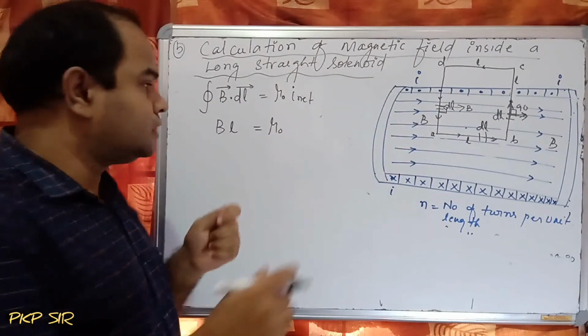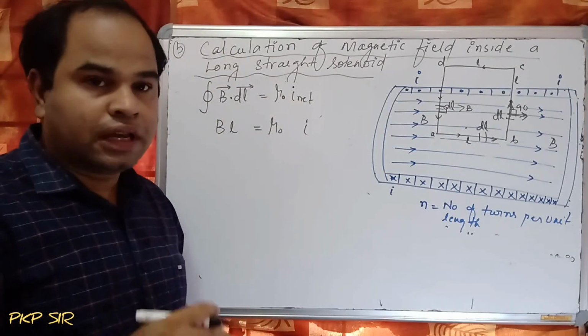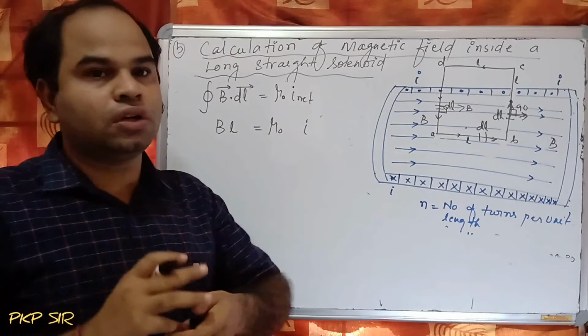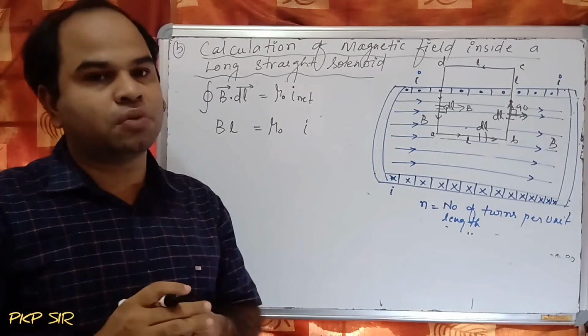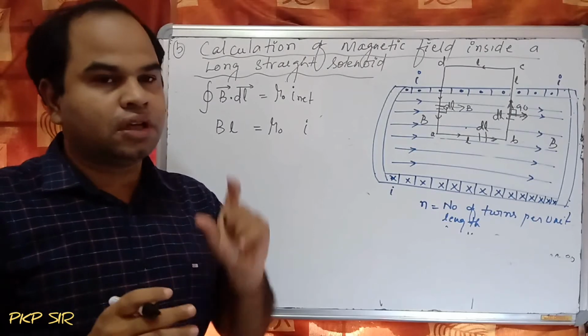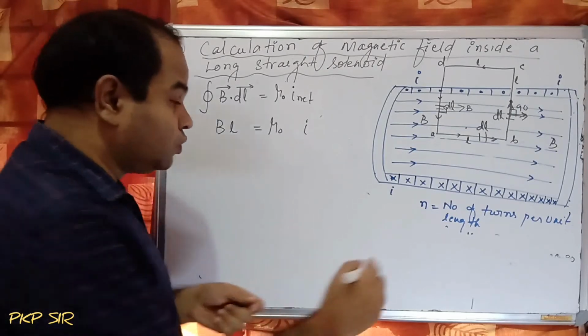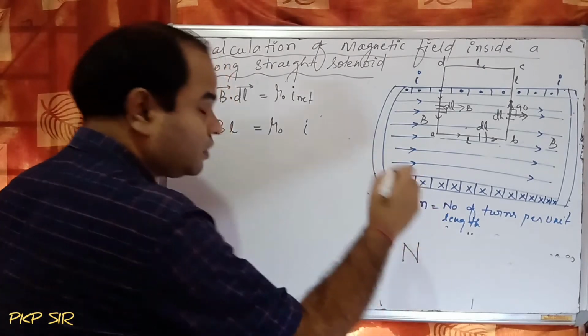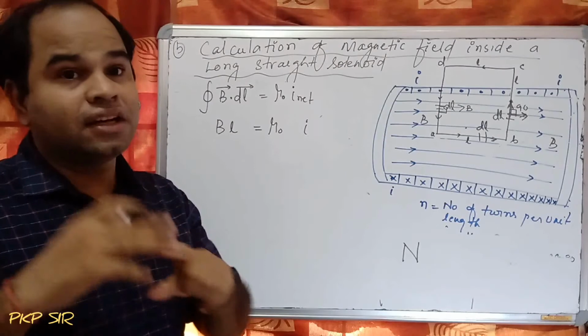The current in the loop is I, and the magnetic field is proportional to the current. If the loop has n number of turns, then the equivalent current is equal to n into I.